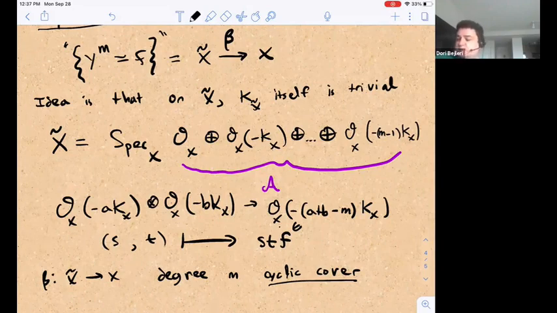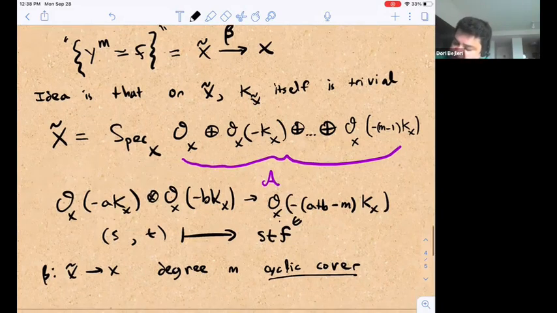But basically, because we're taking spec of a graded algebra with m pieces, that's the same as saying that whatever our spec is has an action of the cyclic group of order m. And so this beta is a cyclic cover, and X is the quotient of X tilde by whatever this cyclic group is that acts according to these graded pieces.